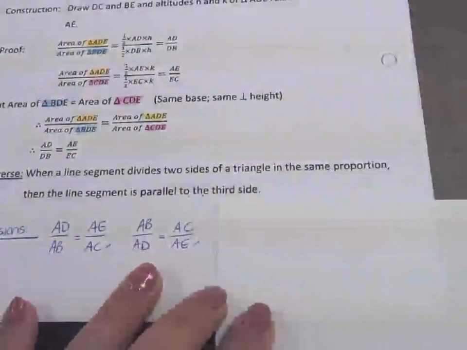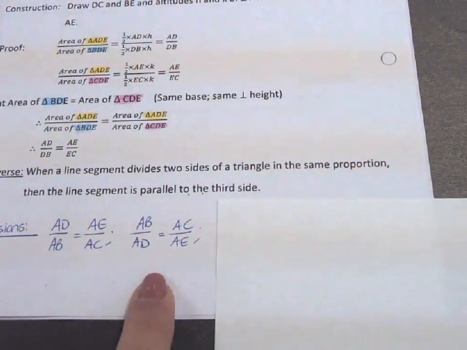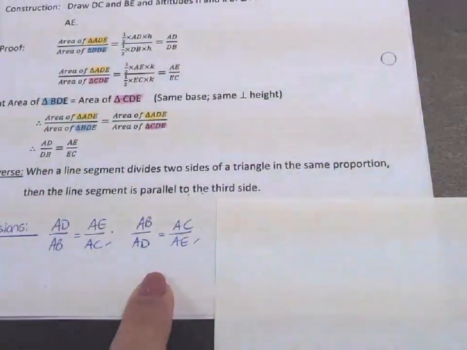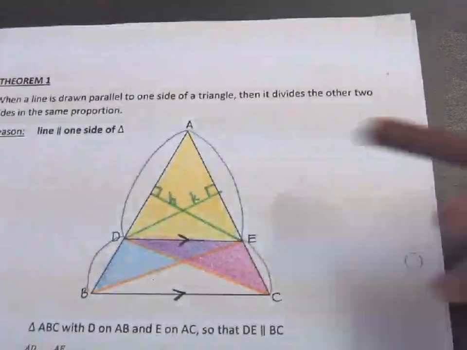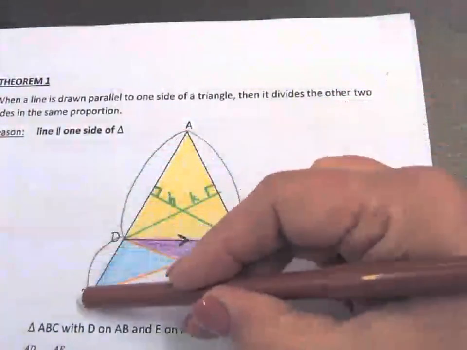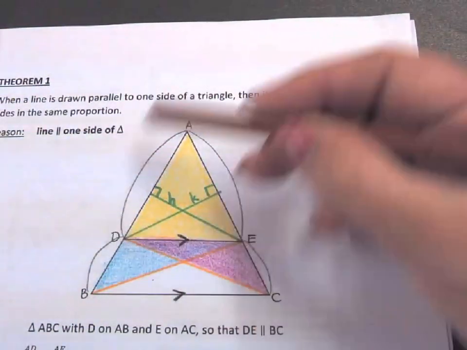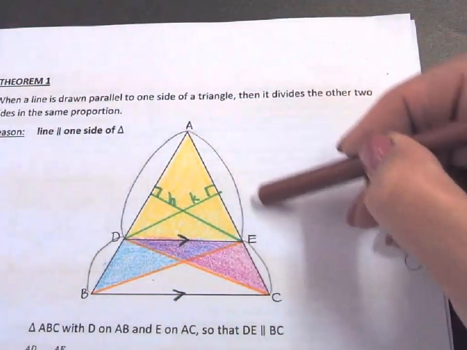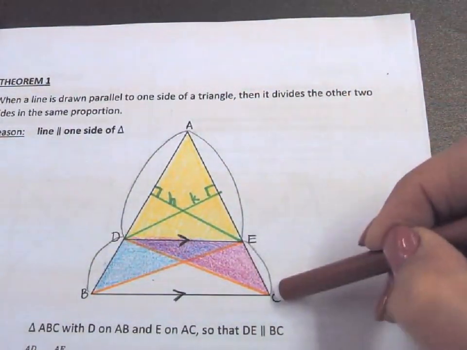Let's write that one. The next one. Look here. AB, the big one, over BD, the bottom one, will be the same as the big one on the other side, AC over the small bottom, EC.